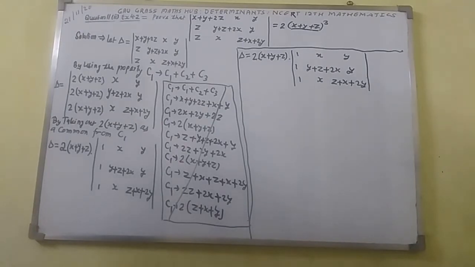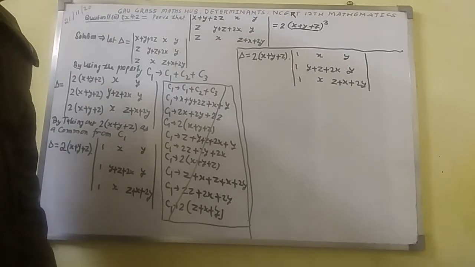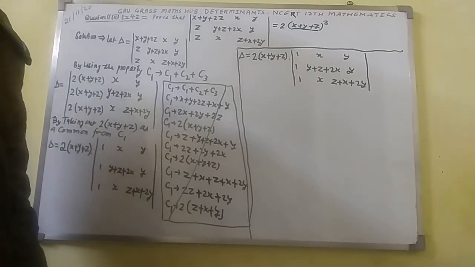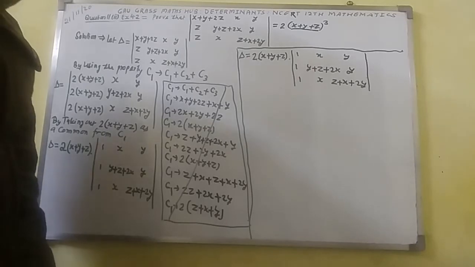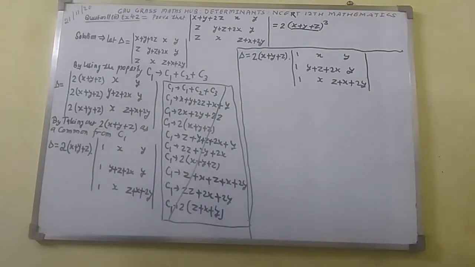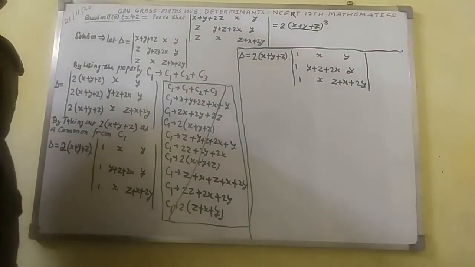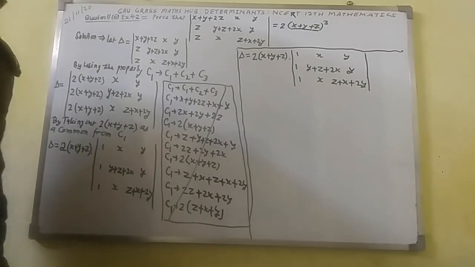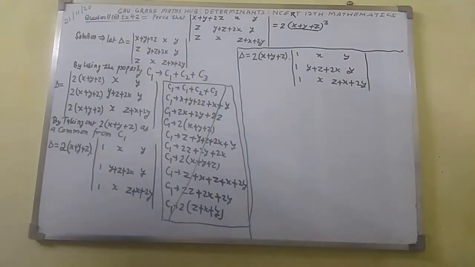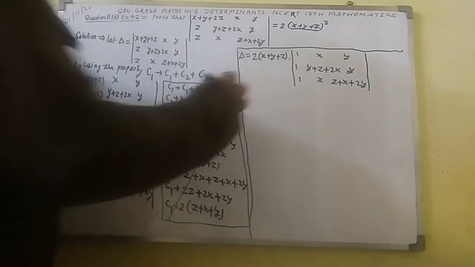So here I shall use the properties so that I shall get the maximum number of zeros in any one row or any one column.